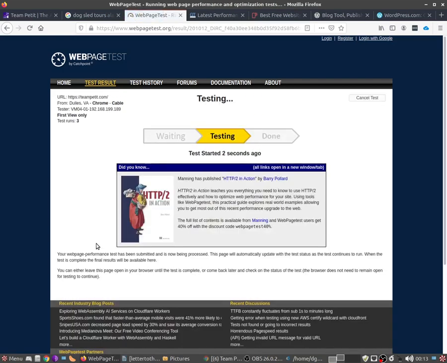When it does this test, usually, if I'm not mistaken, it's pulling data from different servers across the world at different intervals and averaging them all together. You follow me?